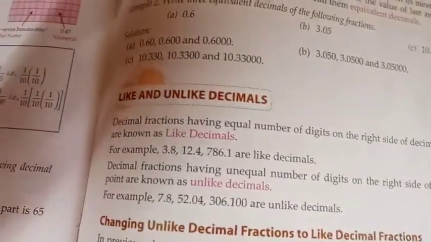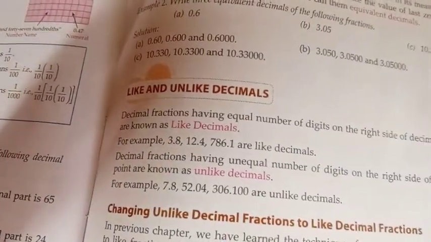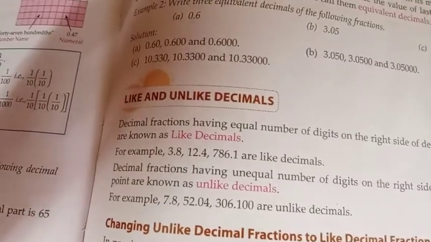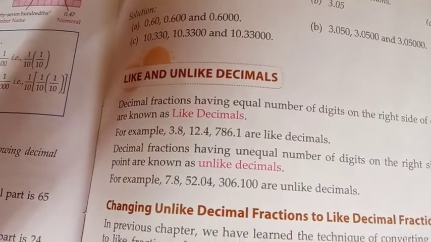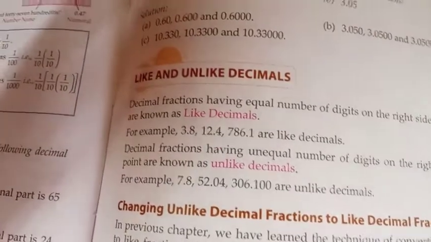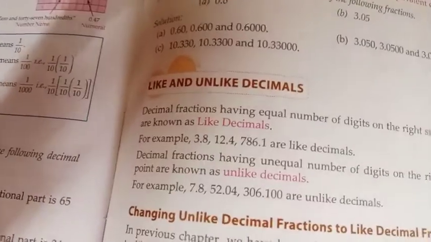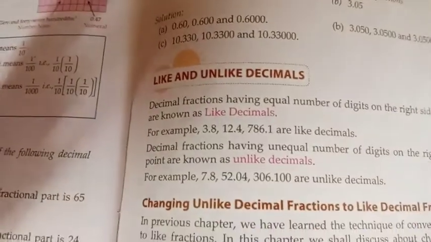This is the same type of thing, but it is much easier than the previous one, because in the previous one you have to find the LCM, then convert to the same denominator, and do so many multiplications and additions. But here it is very easy to convert unlike decimal fractions to like decimal fractions using the equivalent decimal.